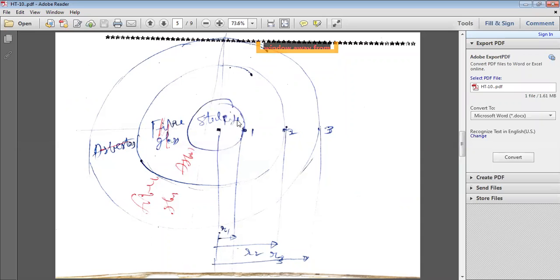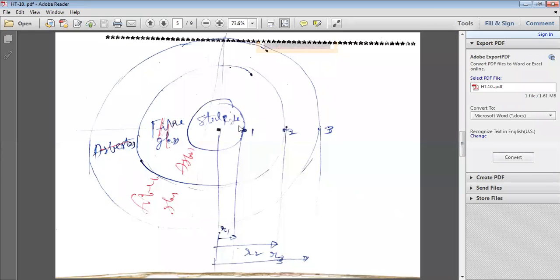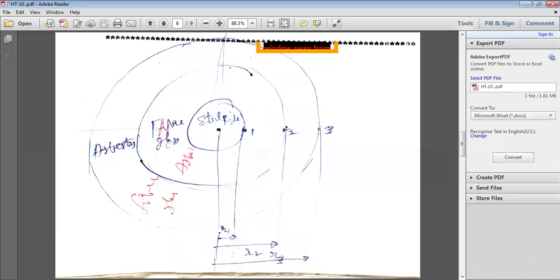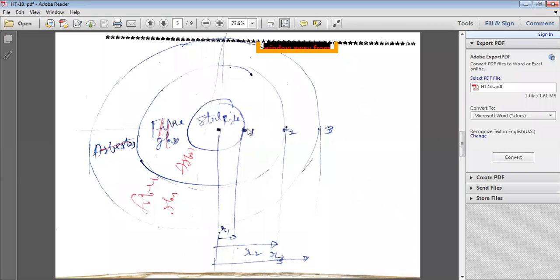So here a steel pipe 50 mm outer diameter, outer radius R1 25 mm is covered with a 6.4 mm asbestos insulation. So this is asbestos insulation, thickness 6.4 mm.